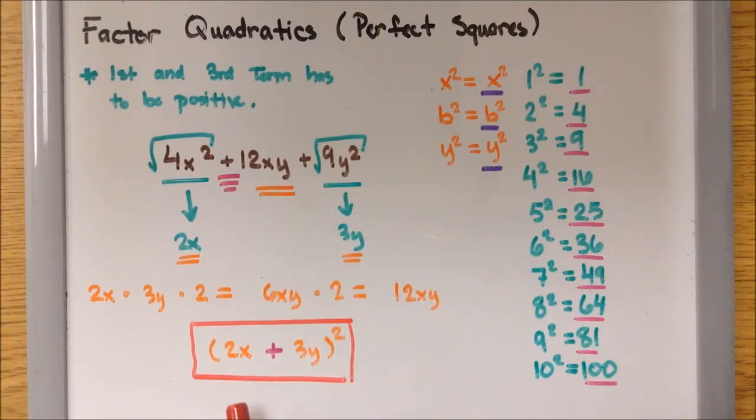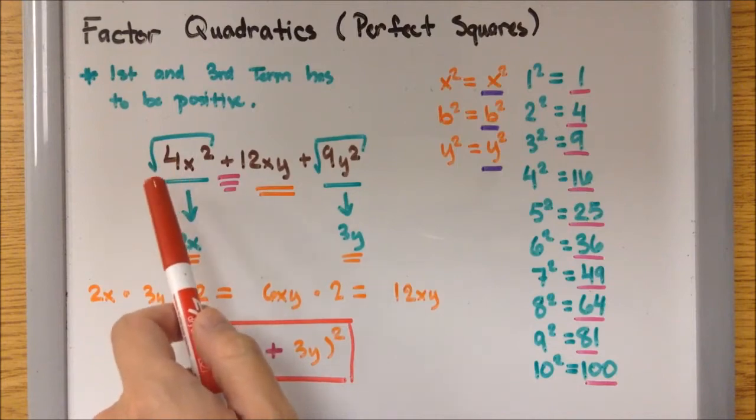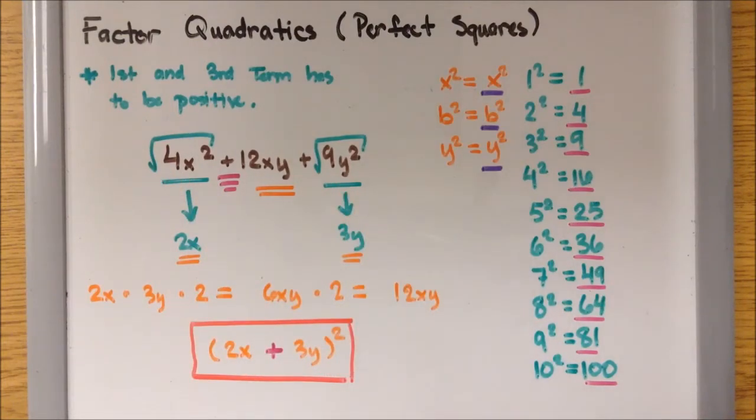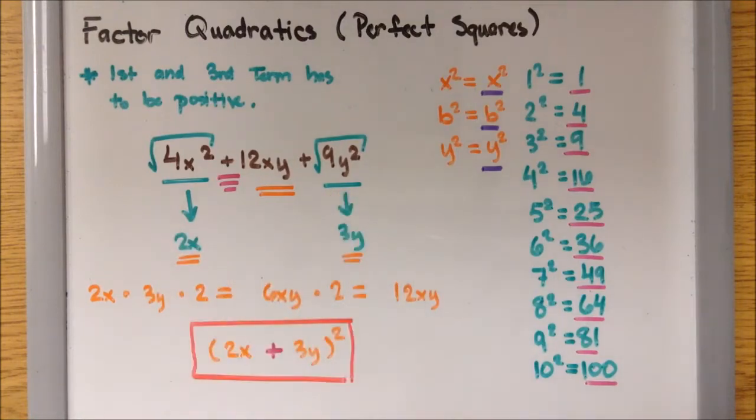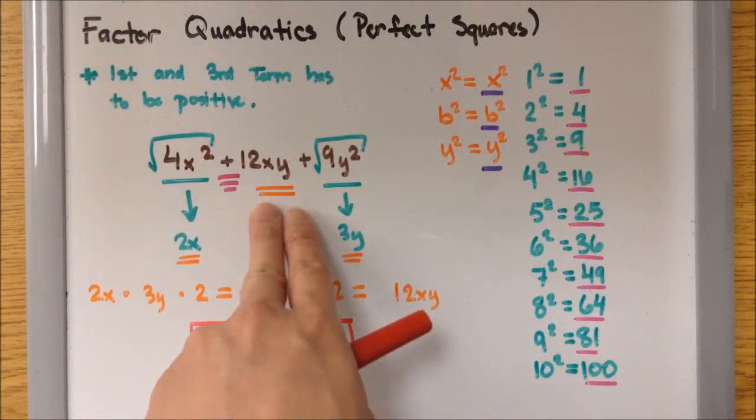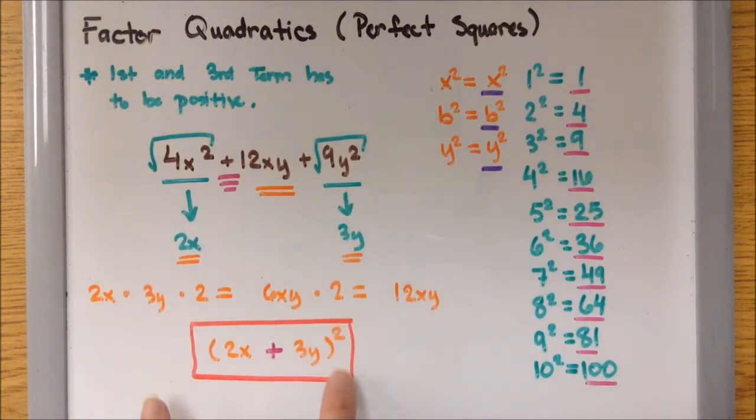Now what's different is, since there's a variable on the first term and on the third term, there's going to be a variable in the first part of the answer and the last part of the answer. As you can see, we have two variables in our final answer. As long as the first and third terms are positive perfect squares and it matches the middle term, you can do this process and get the final answer.